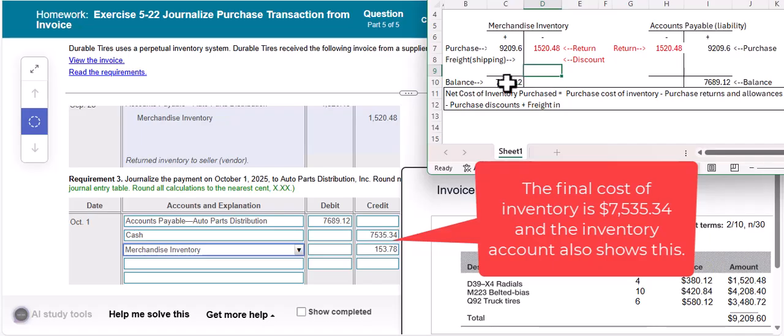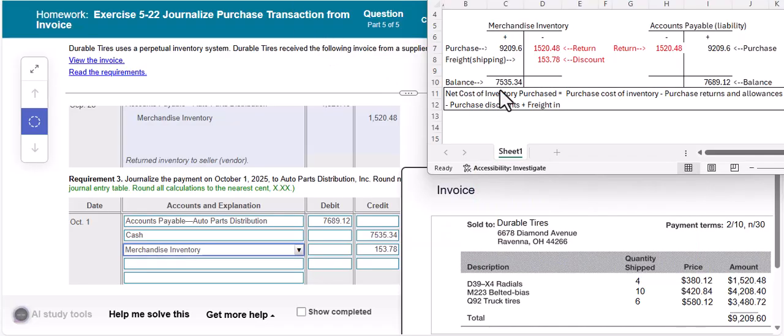It becomes $7,689.12. But again, it actually cost us $7,535.34. So that means we have to credit the merchandise inventory to get that balance correct because we paid within that discount period.